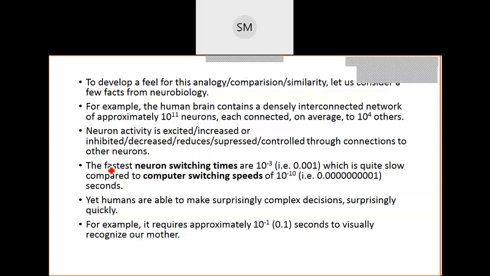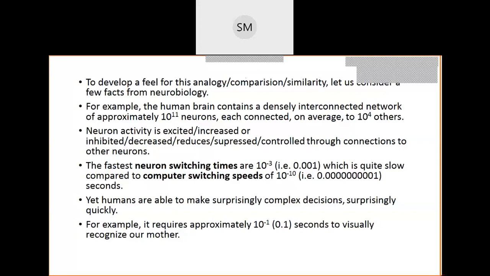When somebody else comes and wakes you, you take a lot of time to realize whether you are in a dream or in the real world. These times are very large compared to our artificial neural network, because an artificial neural network takes very short time to decide all these things.